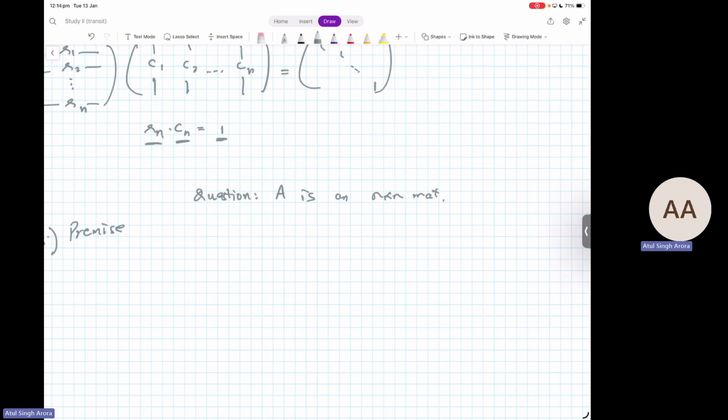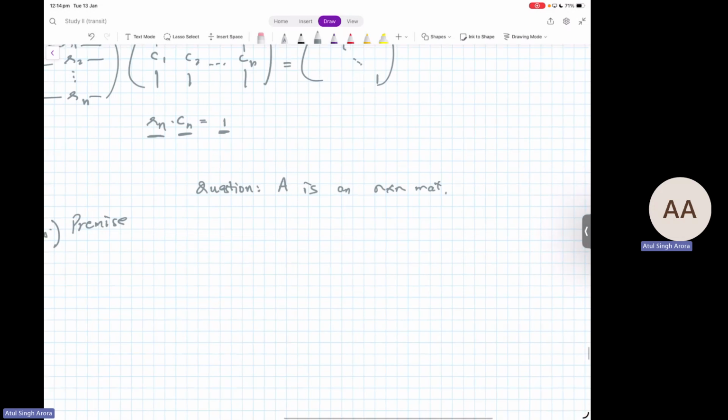The question was: A is an n cross n matrix, and because we proved the theorem, it implies A cannot have all-zero rows.